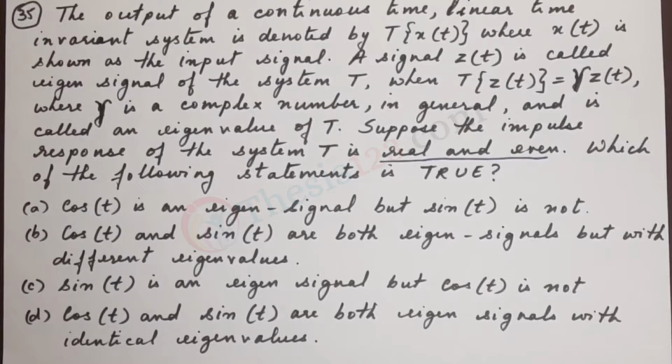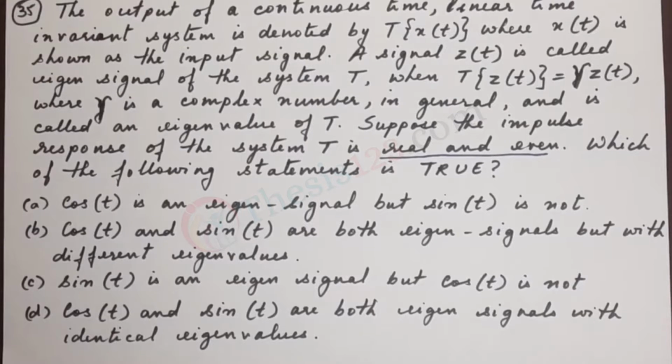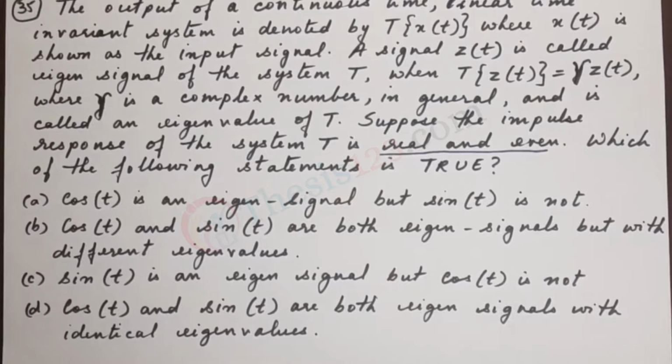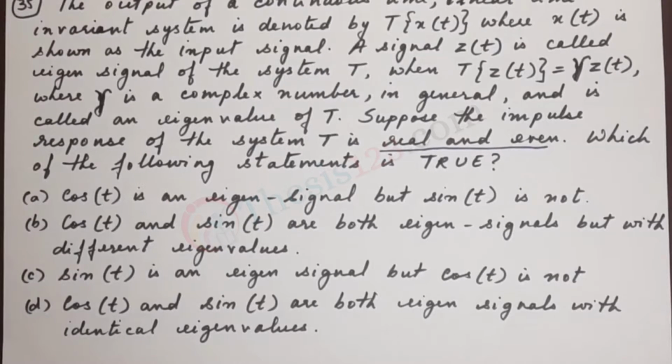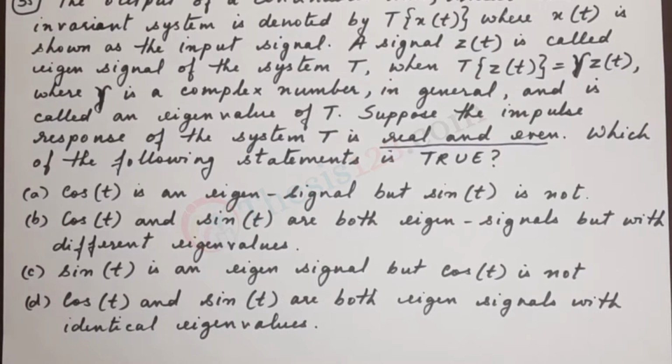Now the key here is to note that it says real and even. The impulse response of the system T is real and even. And the options given talk about cos t and sin t being eigensignals and their corresponding eigenvalues.